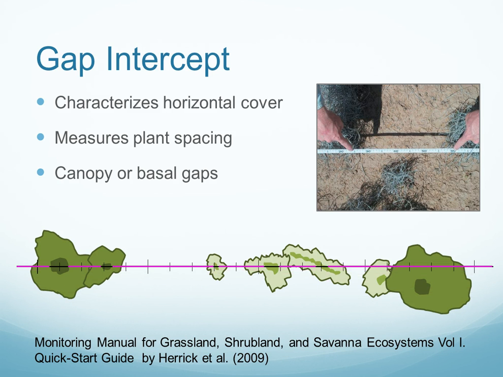The length of these basal gaps provides information about vegetation structure that is useful in certain situations. In most cases, canopy gap intercept information is used for vegetation structure, although basal gap information may be applicable for certain systems. In this lesson, we will be focusing on canopy gap intercept.